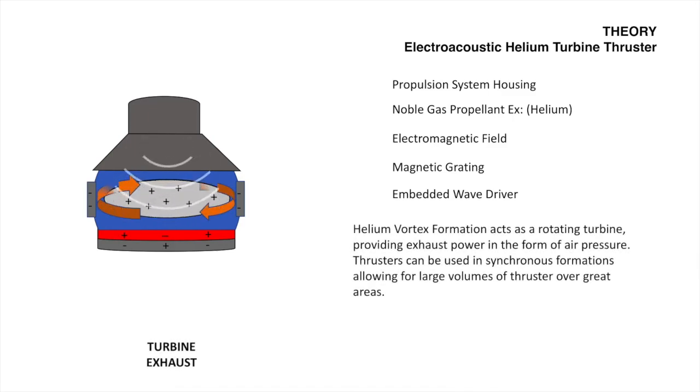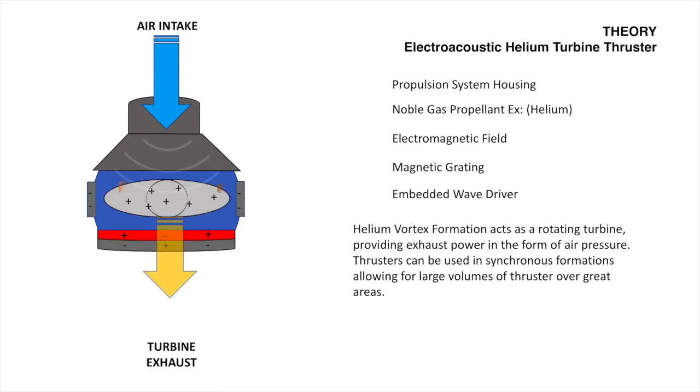The helium vortex formation acts as a rotating turbine, providing exhaust power in the form of air pressure. Thrusters could be used in synchronous formations, allowing for large volumes of thrust over great areas. And so we could create a lot of thrust using helium as a turbine mechanism, using this theory of sound and electroacoustic propulsion.